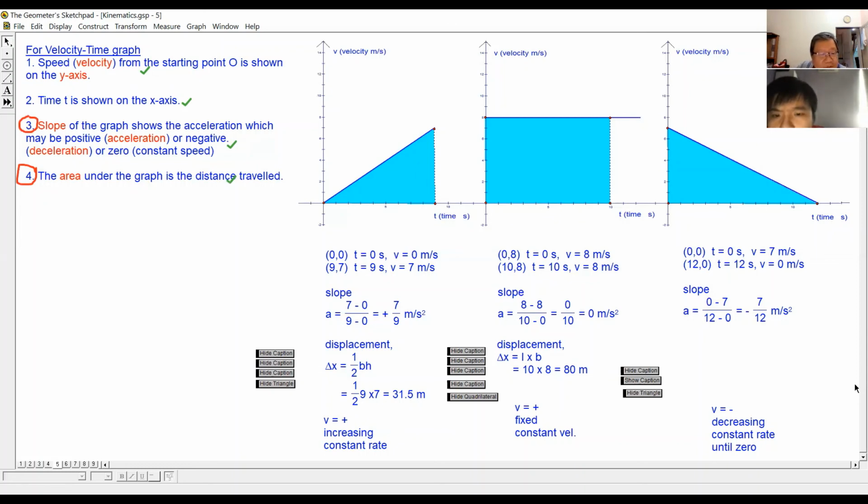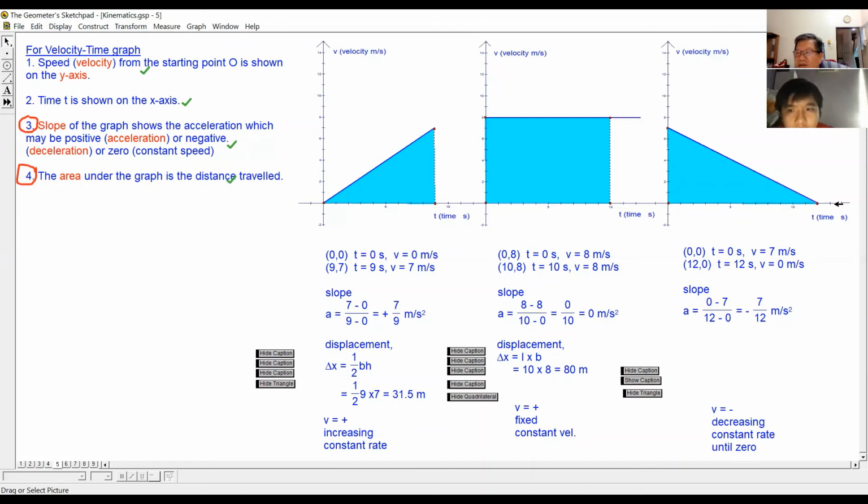The two things you need to find, remember? Correct, the area. It's a triangle. Area is half base times height.